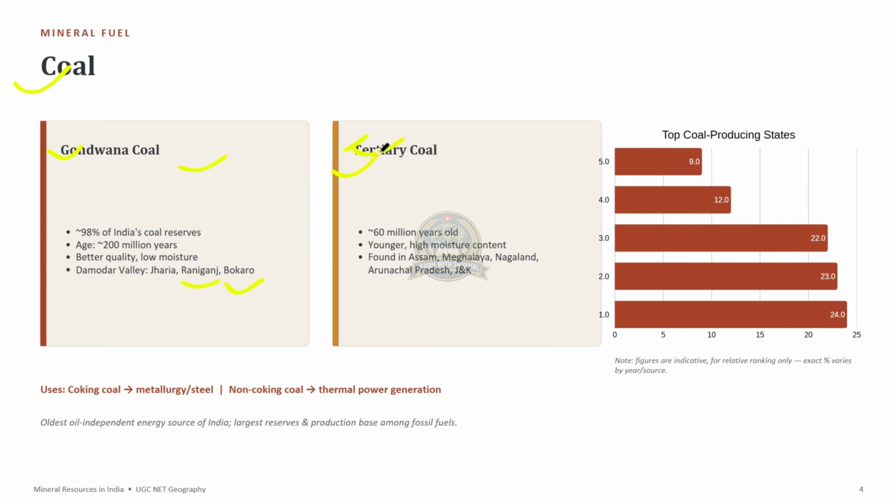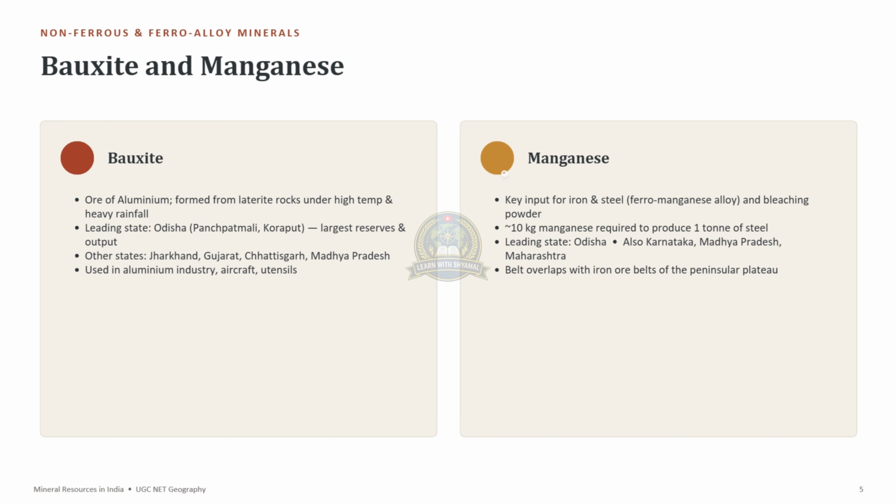Similarly, tertiary coals are 60 million years old and younger, with high moisture content, and basically found in Assam, Meghalaya, Nagaland, Arunachal Pradesh and Jammu and Kashmir. Uses: coking coal for metallic steel, non-coking coal in thermal power generation. Oldest and independent energy source of India, and coal is the largest reserves and production base among fossil fuels in India.